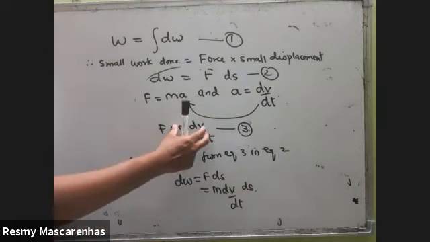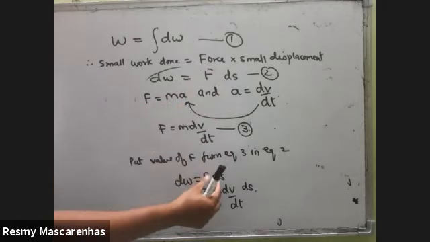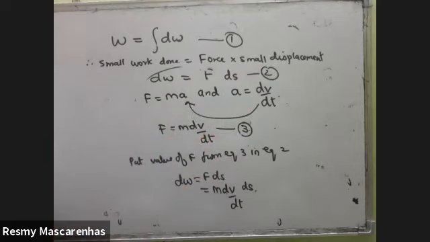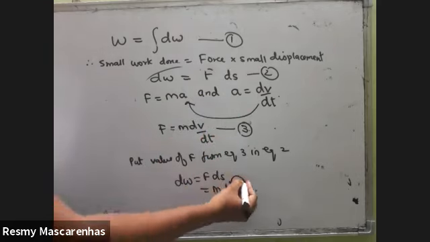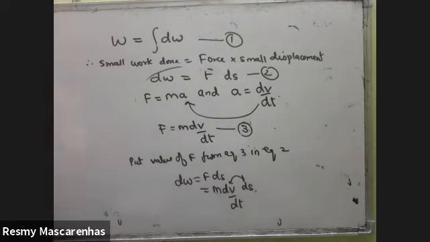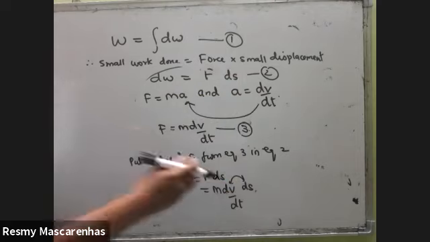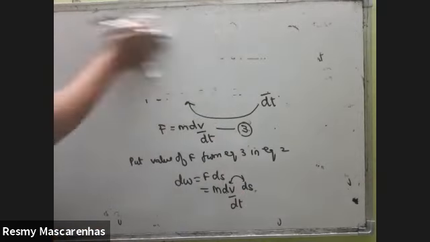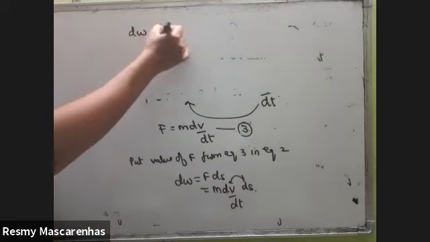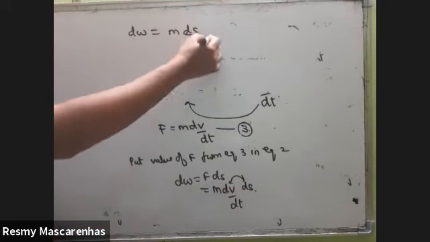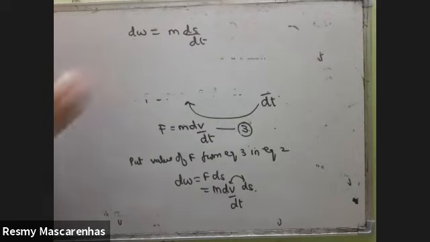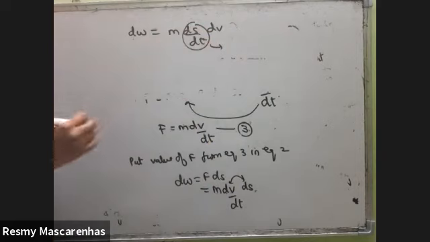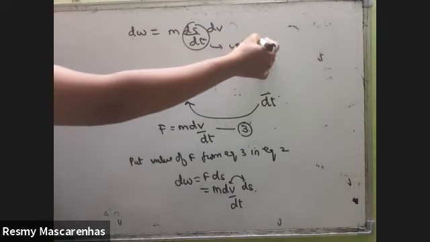Basically the value of F I have to put here. I just wrote equation 2 again, and whatever is the value of 3, I put it there. Then I exchanged this: v will go out, s will come here, dv I brought out. And I told you that change in distance upon time is nothing but velocity.